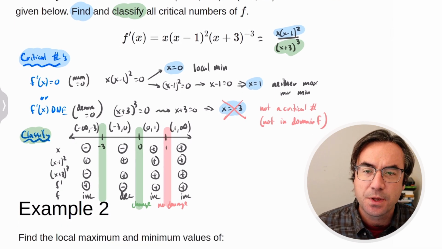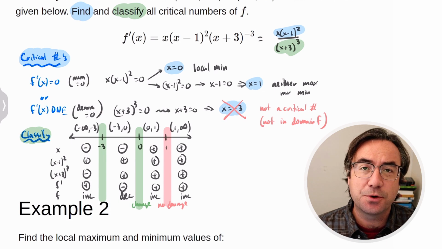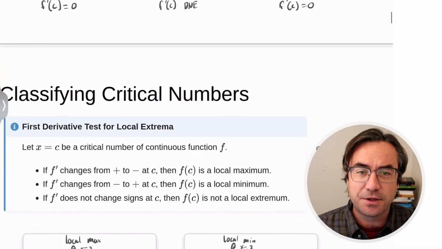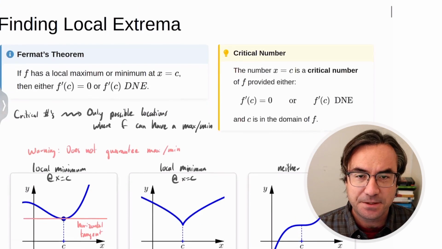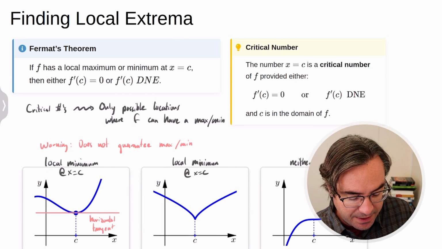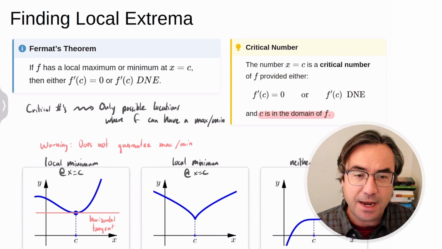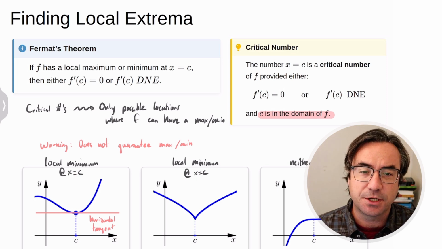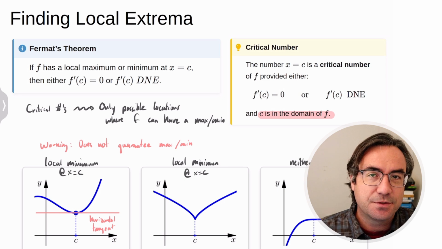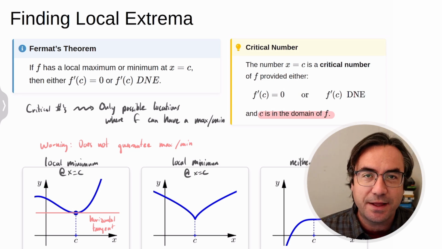So one of the things about critical numbers, if we go back to the definition, it seems kind of small, but our function actually has to be defined there. So the critical number actually has to be in the domain of our function. So if it's not in the domain, then the point isn't on the graph. So you can't have a max or min on a point that's not there.